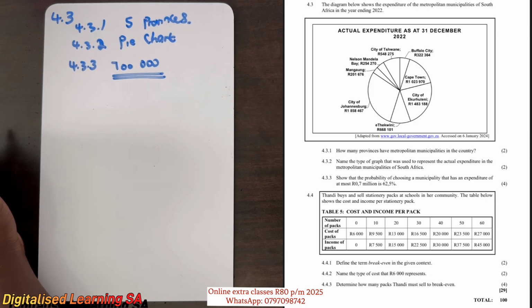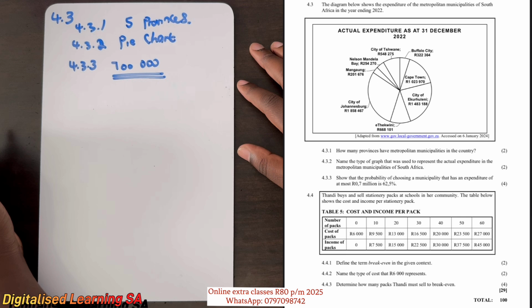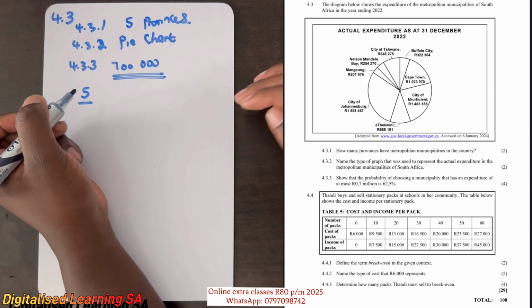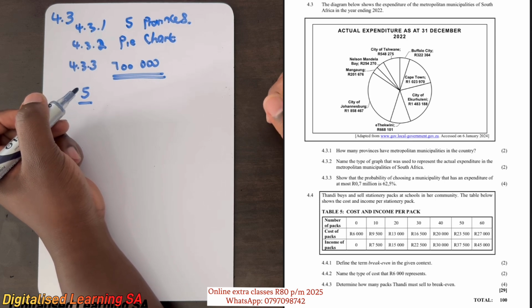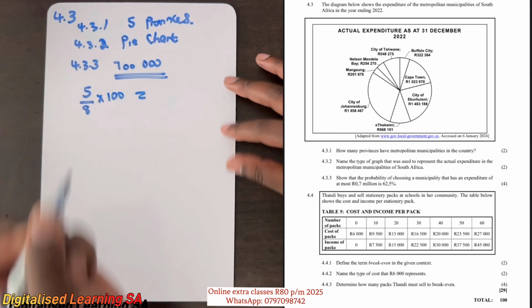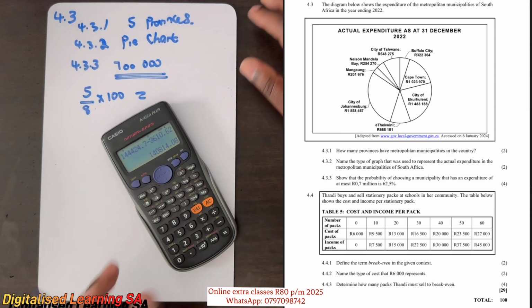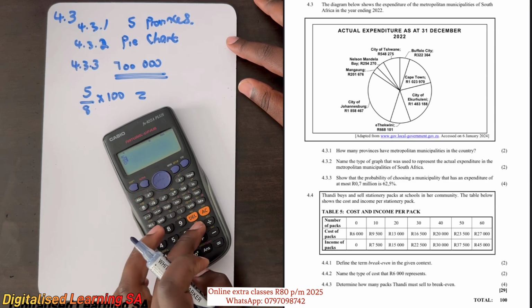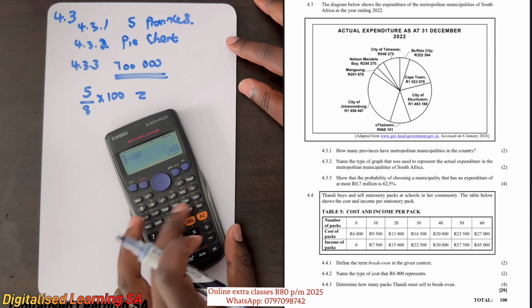To do that, we need to say how many metropolitan municipalities have less than 700,000. We can see that we have 1, 2, 3, 4, 5. So we'll say 5, and then how many metropolitan municipalities do we have? We have 8, and then multiply by 100. So it's 5 divided by 8 multiplied by 100, and our answer is 62.5.